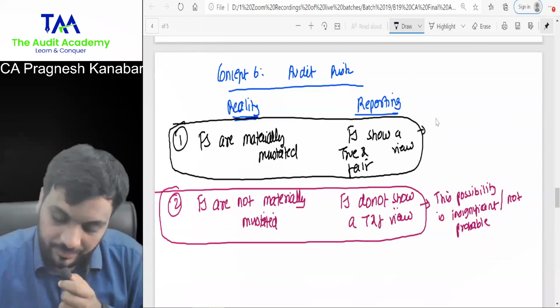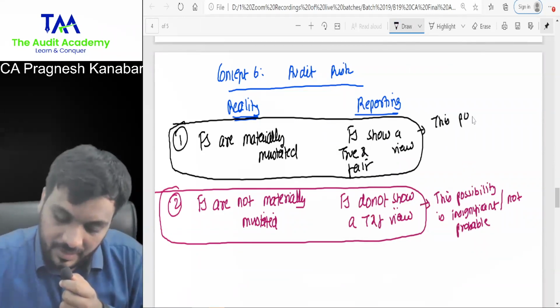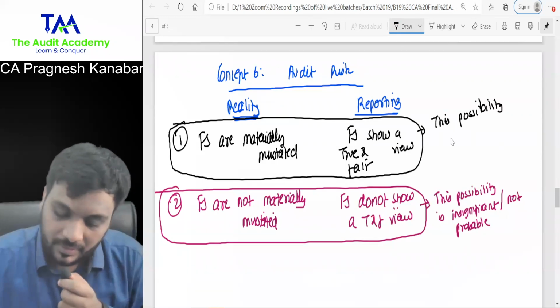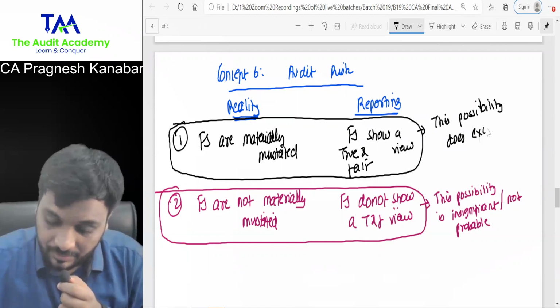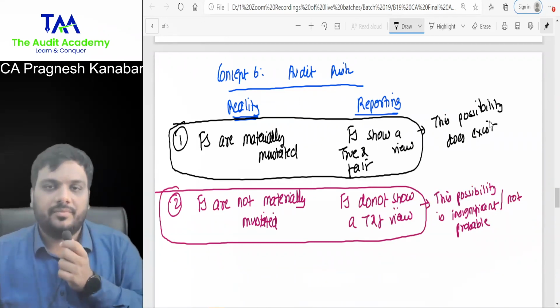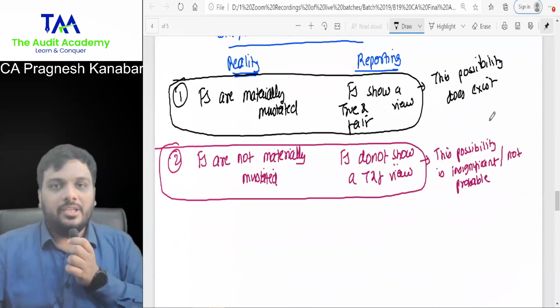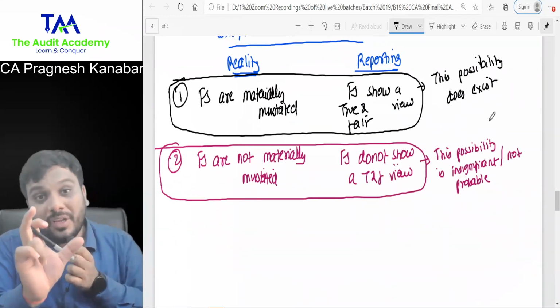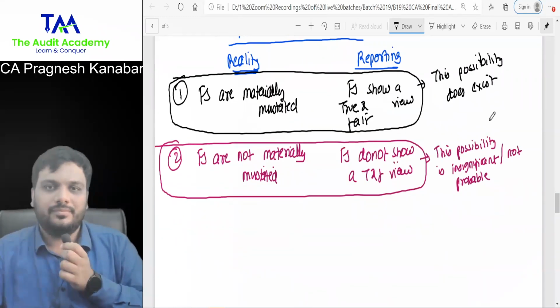All right. This possibility does exist. Very much practically possible. All right. That is why, you know what is the full definition of the concept of audit risk?